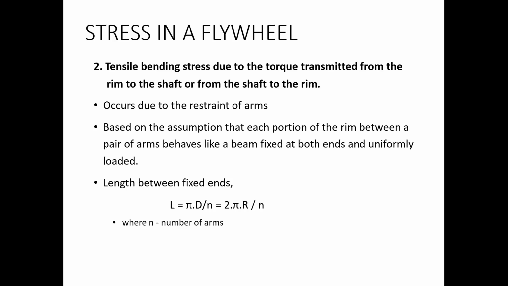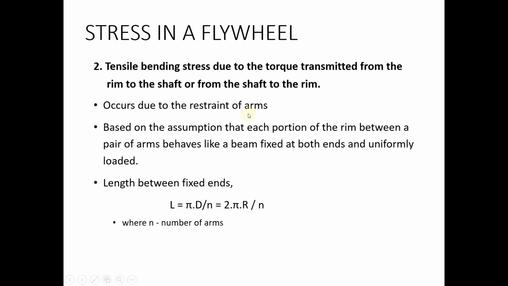During the rotational motion, the flywheel is attached at the center to the crankshaft through a hub, and a torque will be acted upon the flywheel from the crankshaft and also from the flywheel to the crankshaft. So in both ways, a torque will be transmitted, and due to this transmission of torque, it causes a tensile bending stress in the flywheel.